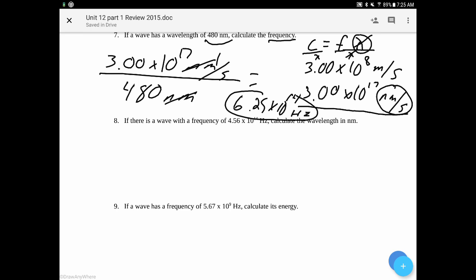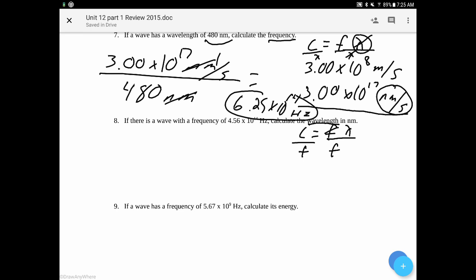Next, if there is a wave with a frequency of 4.56 times 10 to the 14th hertz, calculate the wavelength in nanometers. Again, we're using the same equation, c equals f times lambda, but this time we're looking for wavelength. So we get wavelength by itself. Same idea, we divide both sides by f instead of lambda.